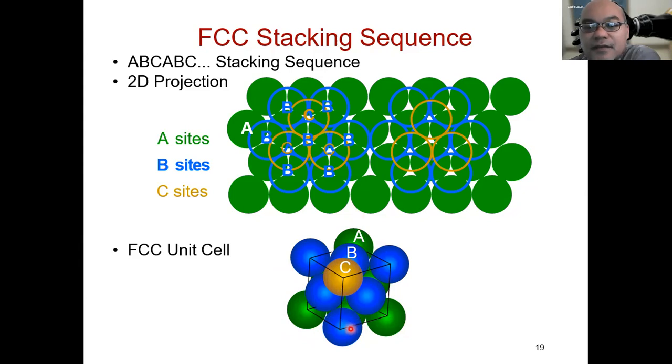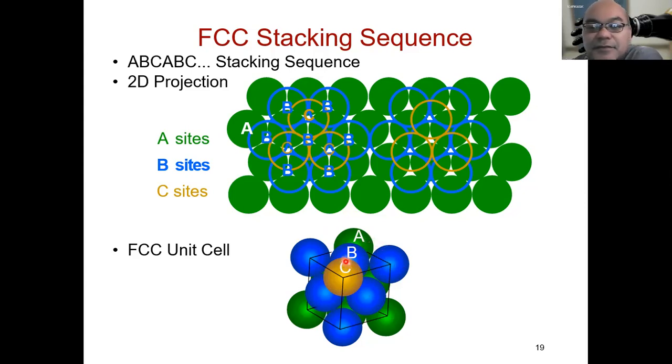Then this one is the blue atom, the second layer. This one is the blue atom, while the position at the center of each face is occupied by, in this case, the blue, and this one is the green, and the green, and the farthest side, respectively.